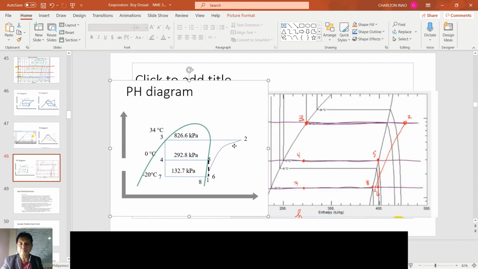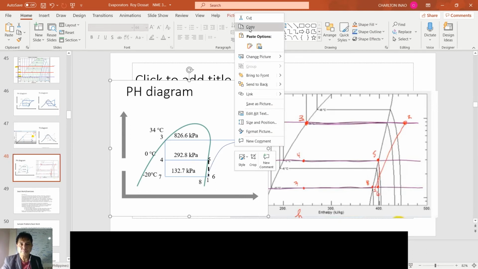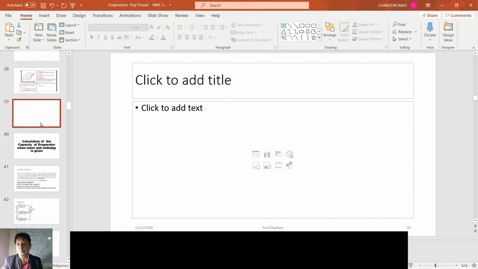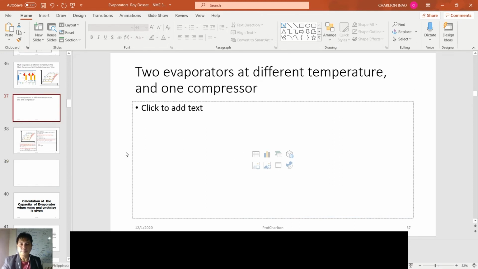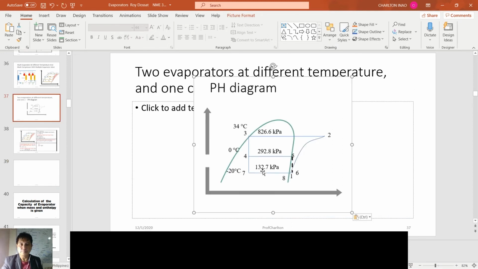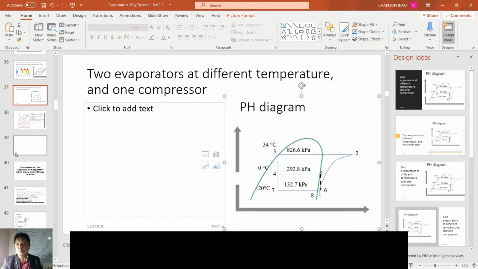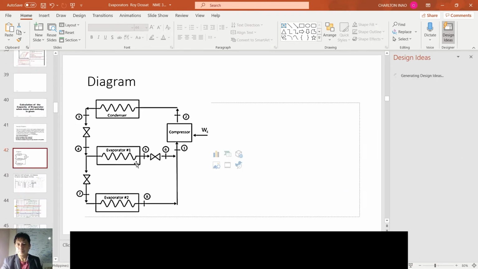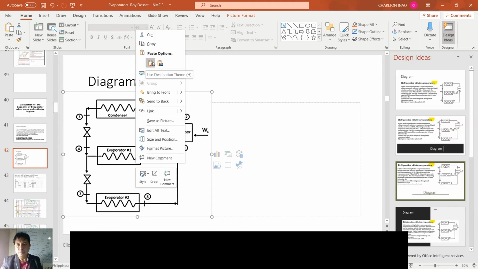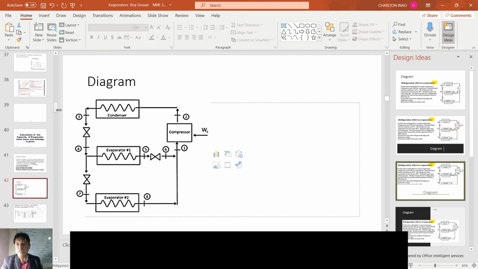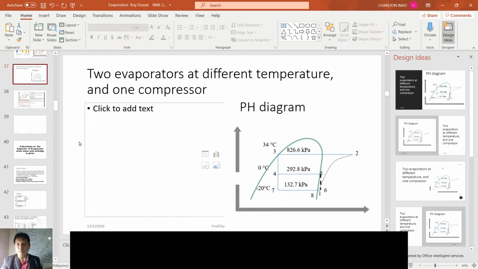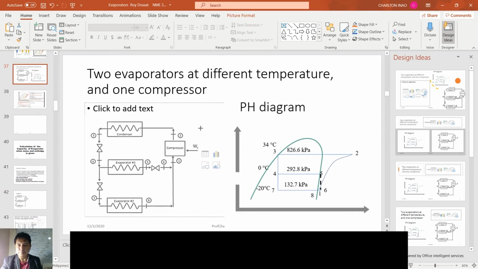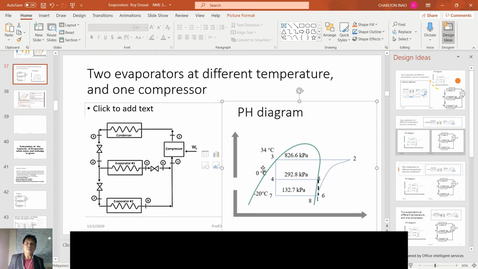This is its diagram. We already solved this last week, and I just want to emphasize it.